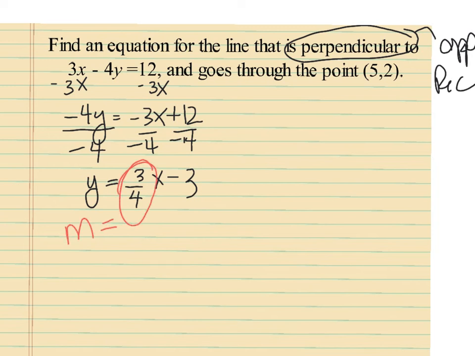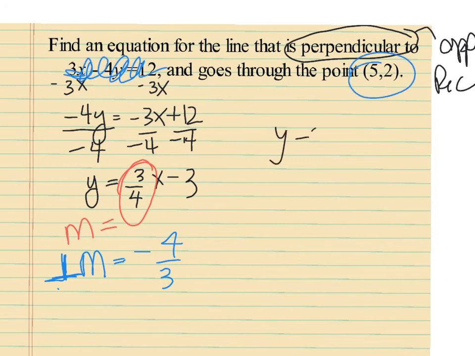This is my slope. My perpendicular slope then, remember this is the symbol for perpendicular, is going to be opposite, make it negative, reciprocal, flip it upside down. Now I can forget about everything else. I don't need this equation anymore. I need my point and my slope. So y minus y1 equals m times x minus x1.